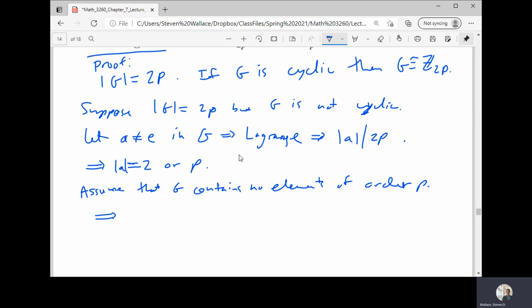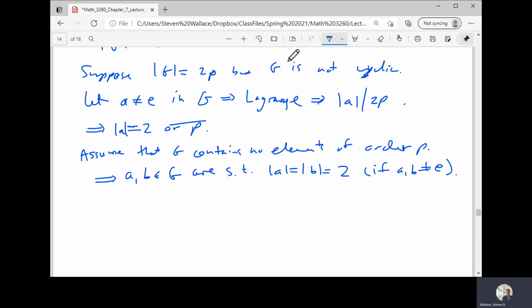That means that all non-identity elements are such that they are order 2, right? If that's the case, then we can find a contradiction here.